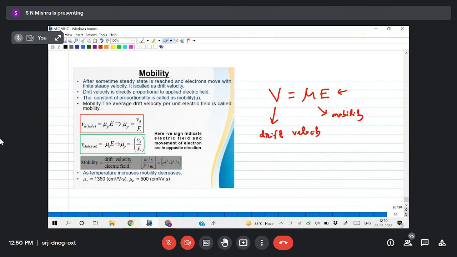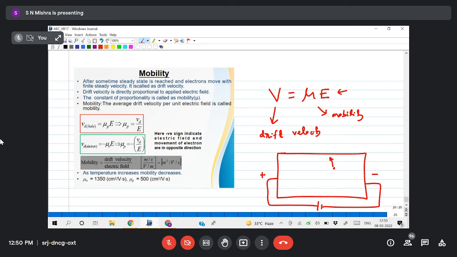So what is drift velocity? We'll come to that, but very briefly I'll explain here, when we go for drift current. Suppose this electron is present and its motion is random. That means let us assume this electron is moving in this direction. Now if I connect plus and minus voltage by some voltage or battery, then this negative potential will try to force this electron to one side, and this positive potential will attract this hole to the other side.